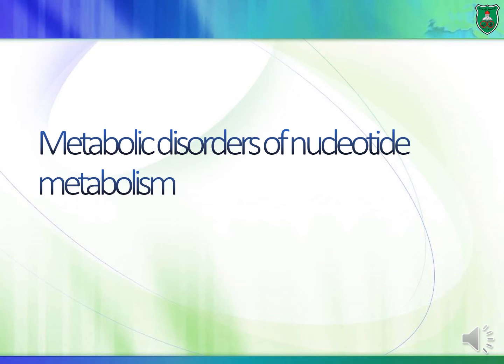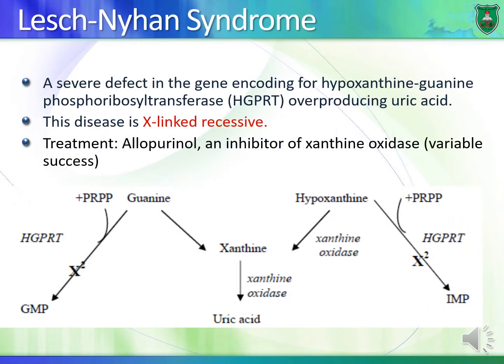Now, metabolic disorders of nucleotide metabolism, again, there's a wide range of disorders that have been identified. It's really hard to talk about all of them, so I'm going to pick a few of these disorders. Now, we'll talk about the Lesch-Nyhan Syndrome.